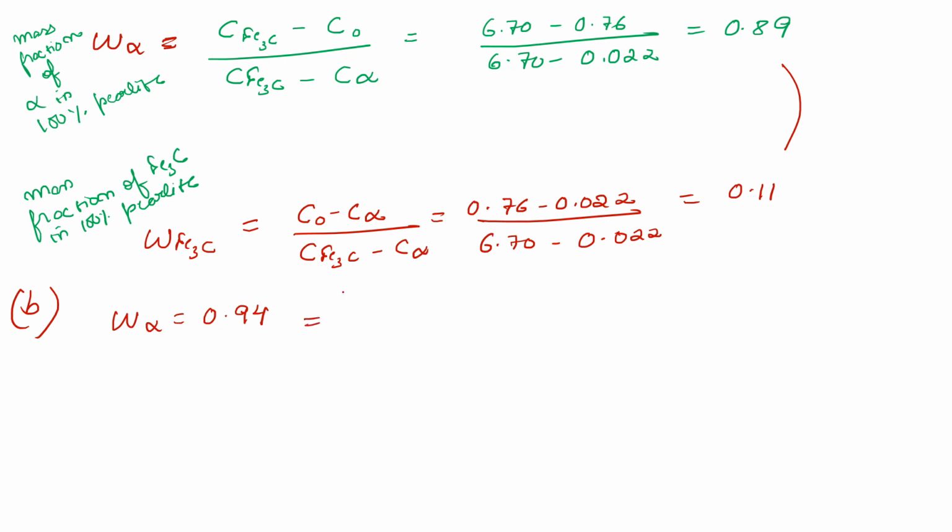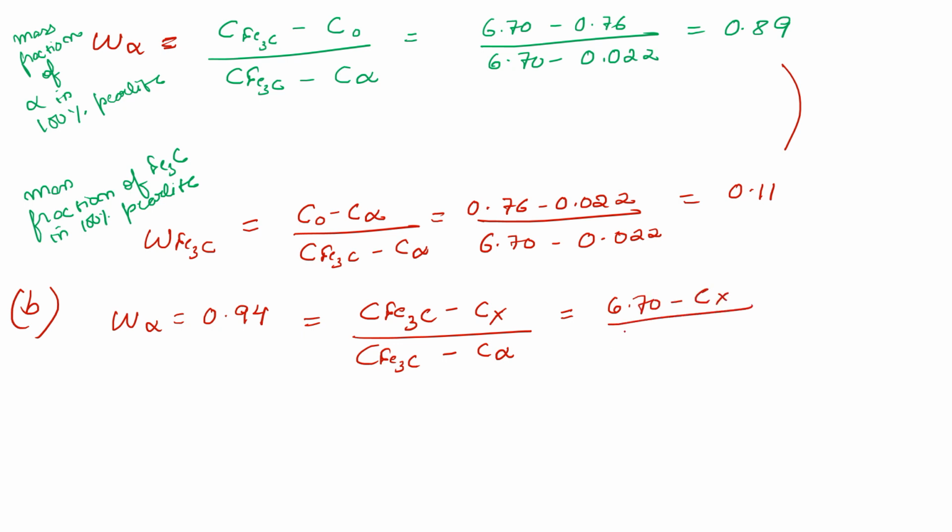So the weight fraction of alpha can be given by C Fe3C minus C naught, let's say Cx, the unknown composition we need, divided by C Fe3C minus C alpha, that is 6.70 minus Cx divided by 6.70 minus 0.022.